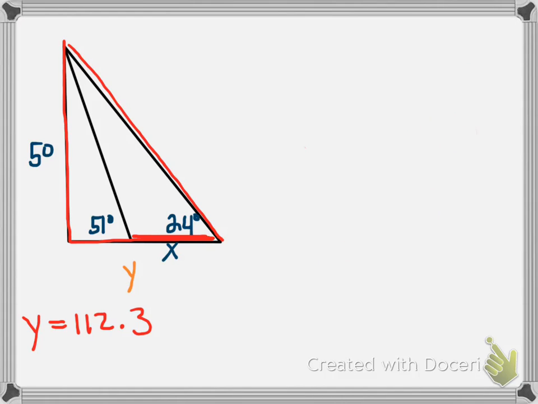So now we're going to use our second right triangle, which is going to be this triangle right here. We're going to use 51 as the angle, and let's do this as z to solve for that part. So we're going to do opposite over adjacent, so that's tangent again.